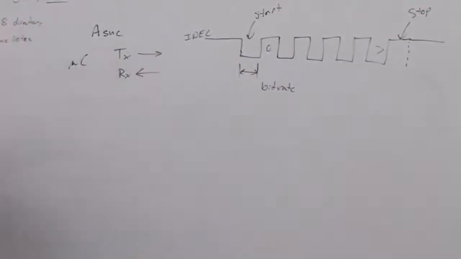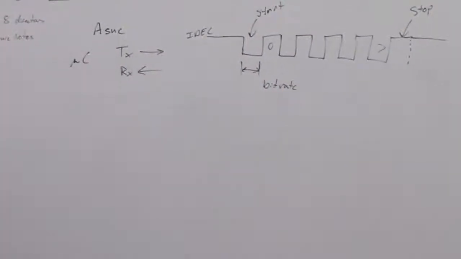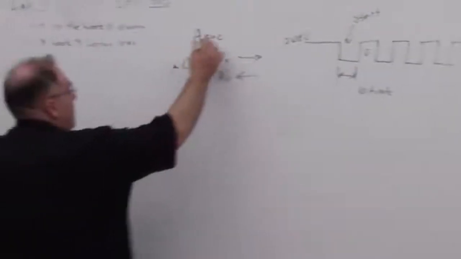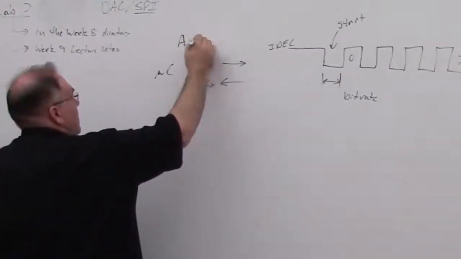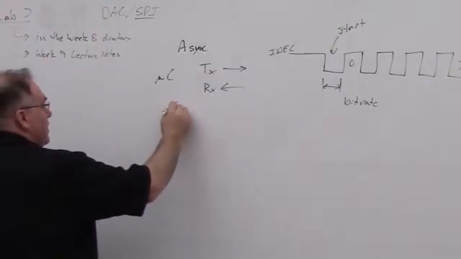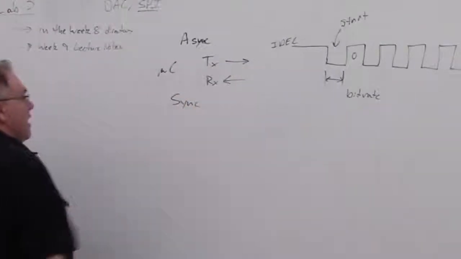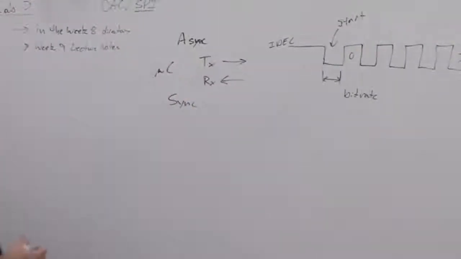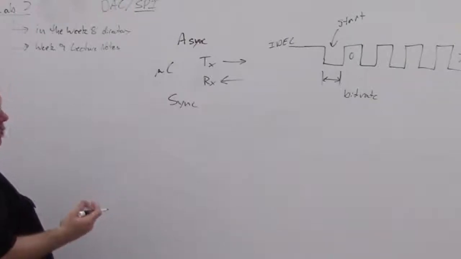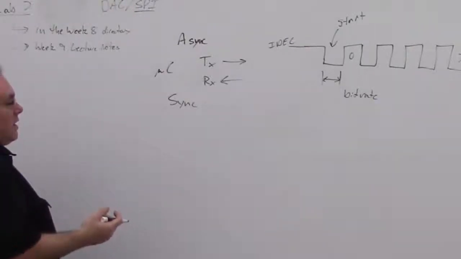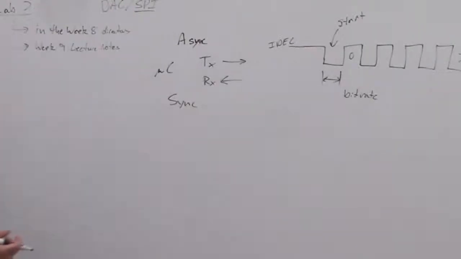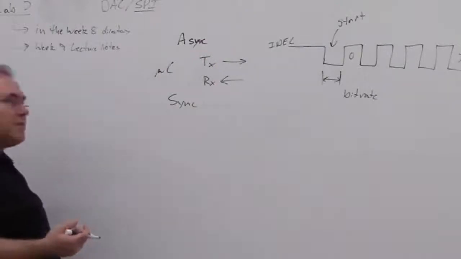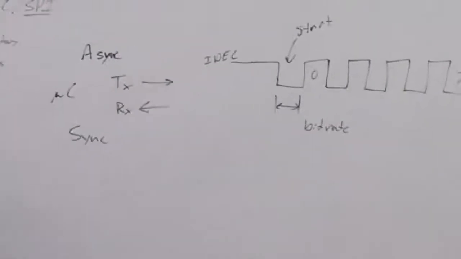So SPI is very similar to this, except it's synchronous. And because it's synchronous, that means we need more wires. Maybe we don't always need more wires, but with SPI we need more wires.